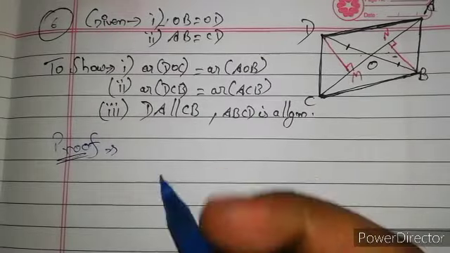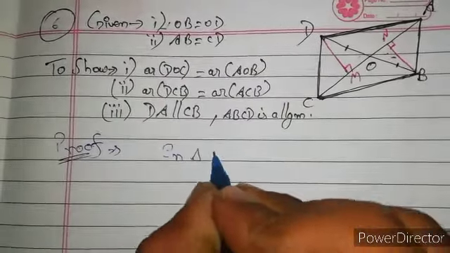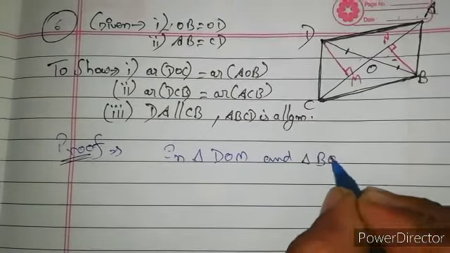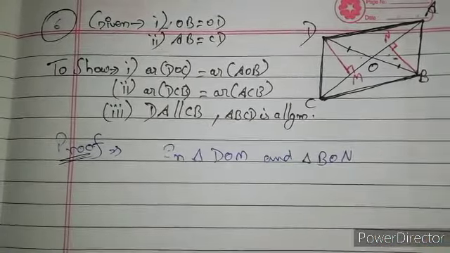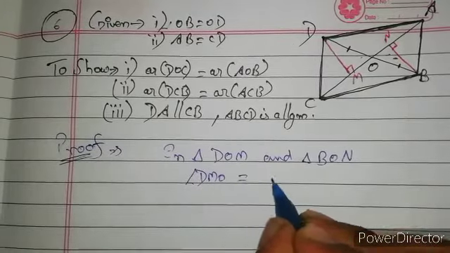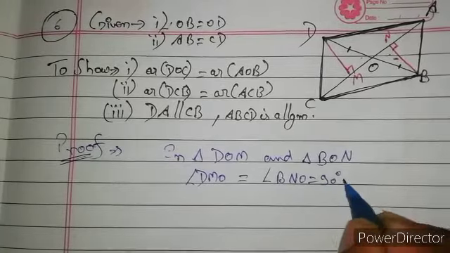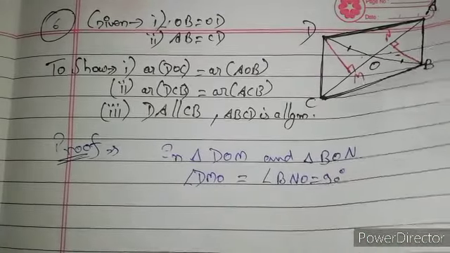Let us take these two triangles, triangle DOM and triangle BON. Here one thing we have is that these two angles are 90 degrees each, that is angle DMO is equal to angle BNO is equal to 90 degrees each, because we have drawn the perpendiculars.